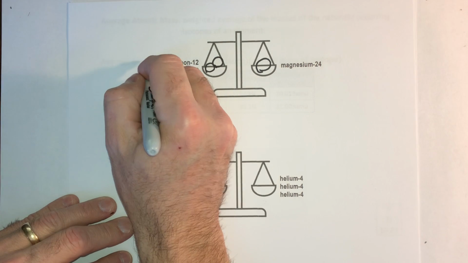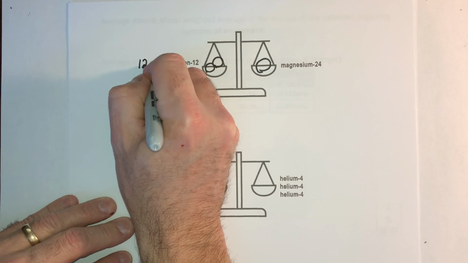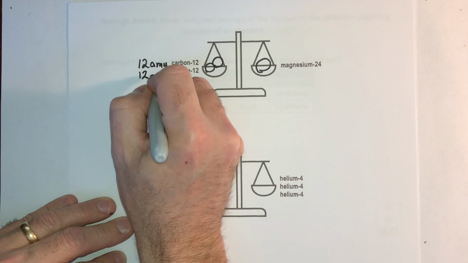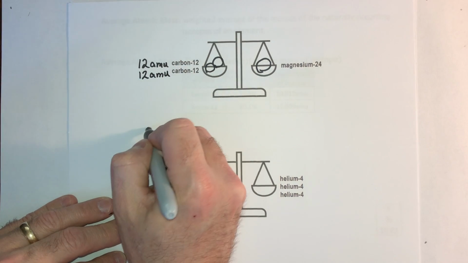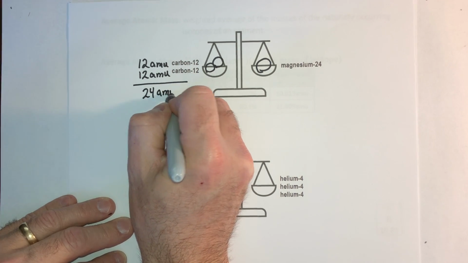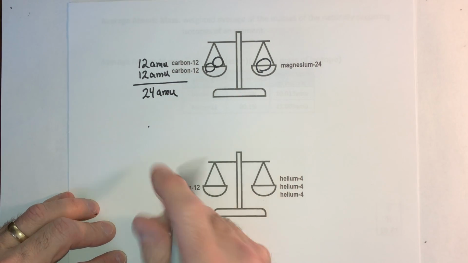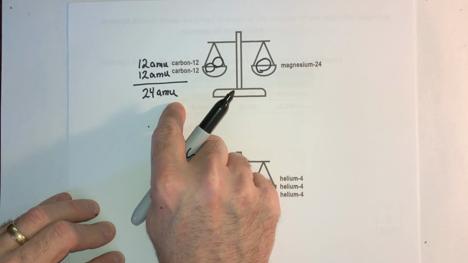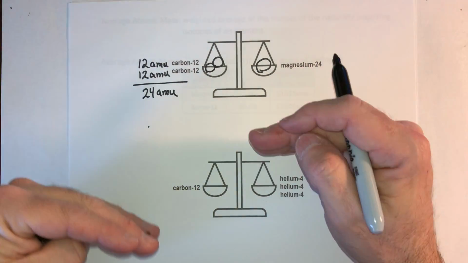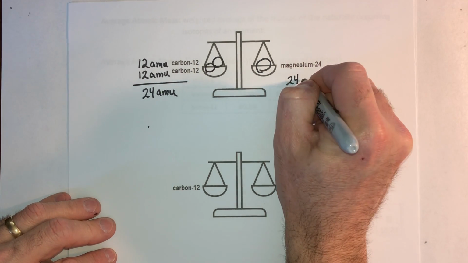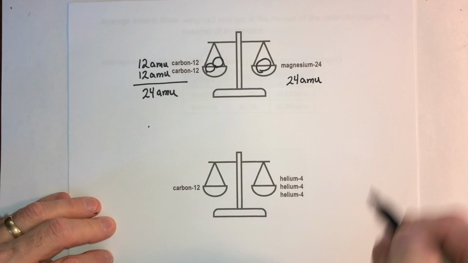Well, 1 carbon-12 weighs 12 atomic mass units. The other one also weighs 12 atomic mass units. So together they would weigh 24 atomic mass units. So if you look at your magnesium-24, if this side weighs 24 atomic mass units and they're totally balanced, then the magnesium-24 would also weigh 24 atomic mass units.